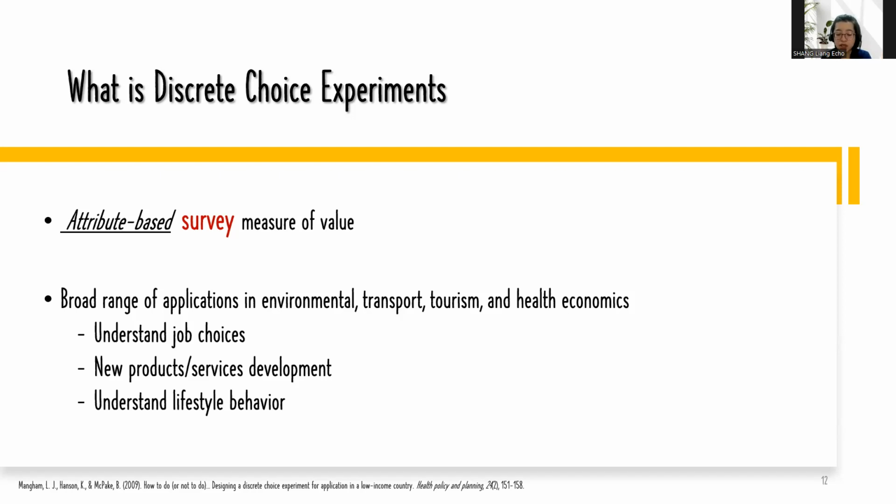It can also be used to understand individuals' lifestyle, how they make decisions about transportation, how they choose a hotel, or how they decide between different traveling destinations. These are all very relevant and suitable questions to be answered using a discrete choice experiment method.